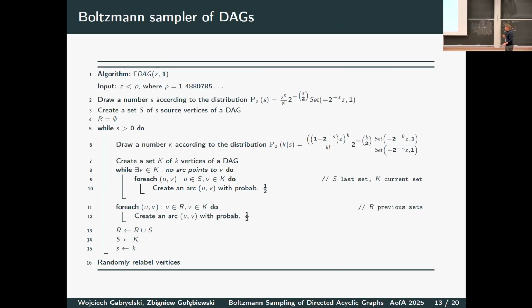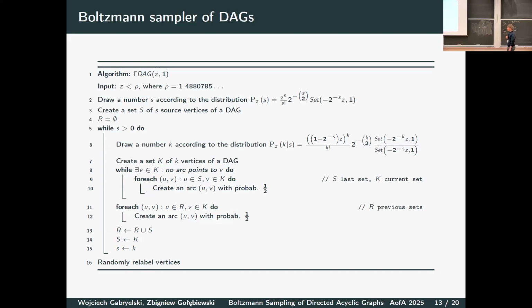For now, we care only about the number of vertices, and we do not care about the edges. That's why W is 1. So the sampler is pretty straightforward. First, we draw the number of sources in our graph, so the number of vertices in the first set, exactly from the distribution that we were able to calculate.